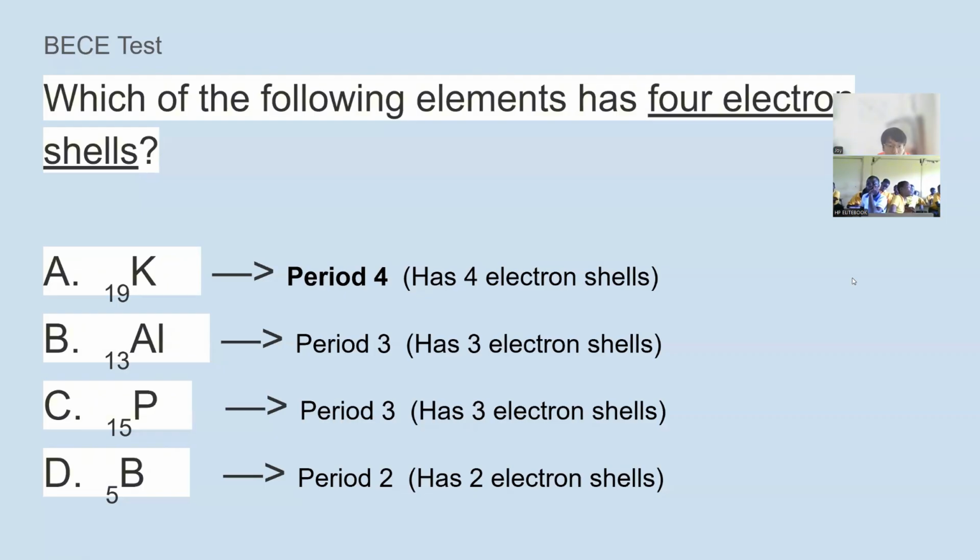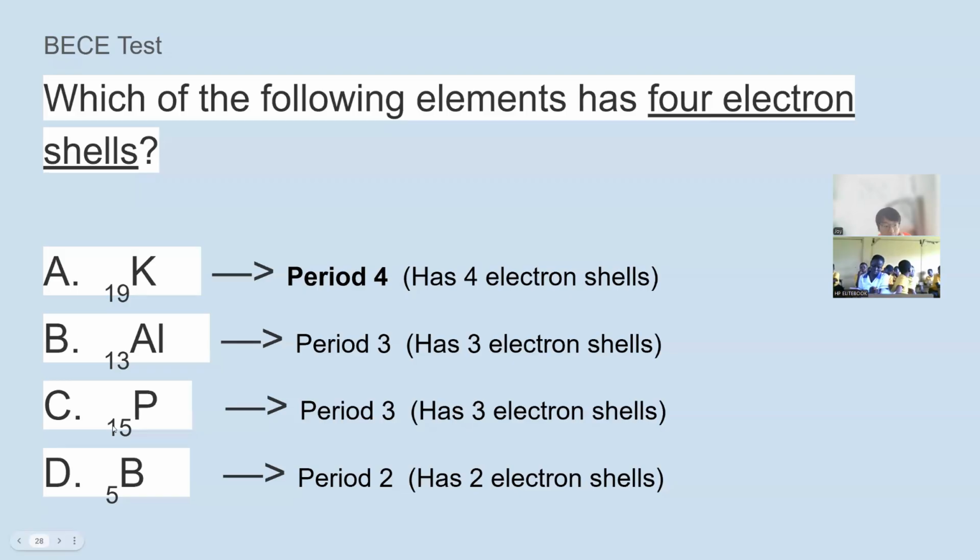So let's look at this BECE question so that you have a chance to solve it. Which of the following elements has 4 electron shells?